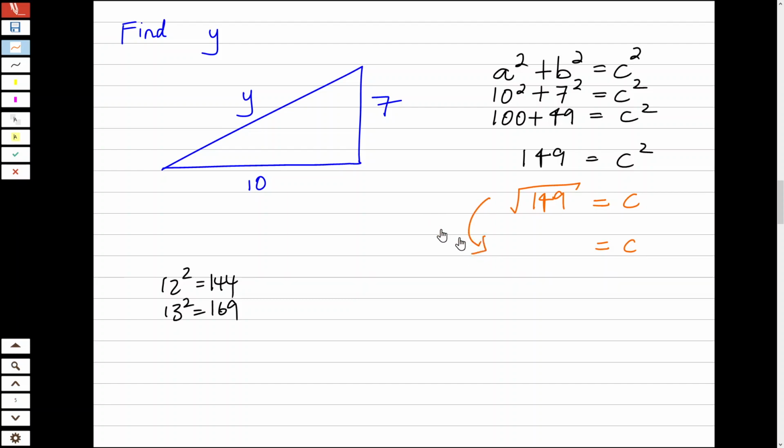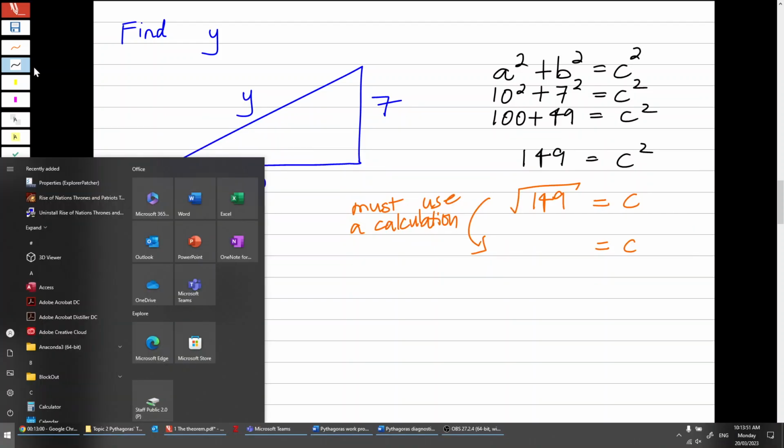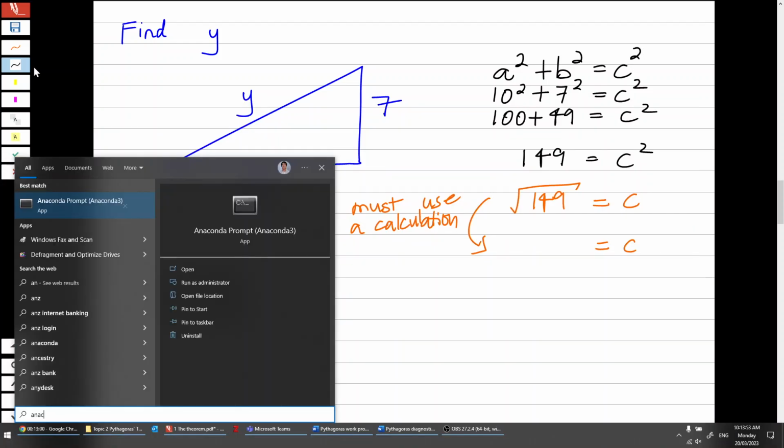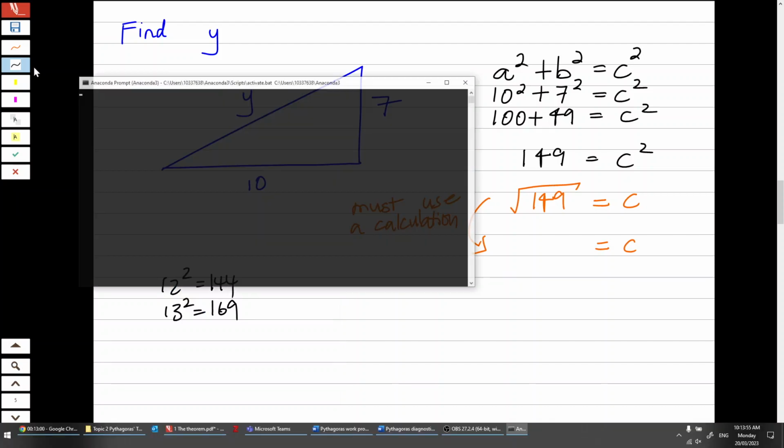At this step, you must use a calculator, unless you're some supercomputer that can do square roots in your head to arbitrary precision. You'll need a calculator, and I do too.